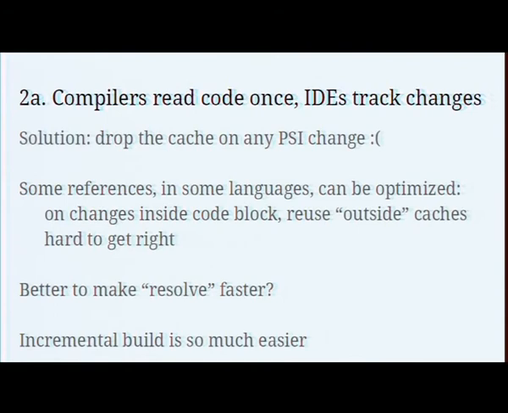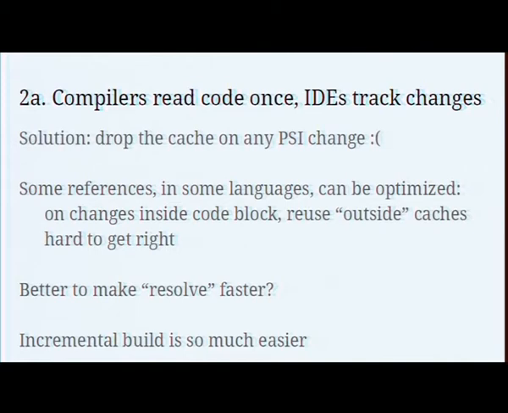So we have no solution to the problem of reusing the cached references. We just clear all the cache for all references on any PSI change. That means that when you type anything, the whole file has to be re-resolved. In some languages, there are ways of optimizing that, though. The references use some caches inside, and for example, if you type something inside a Java code block, it can possibly affect only the things that are inside that code block.